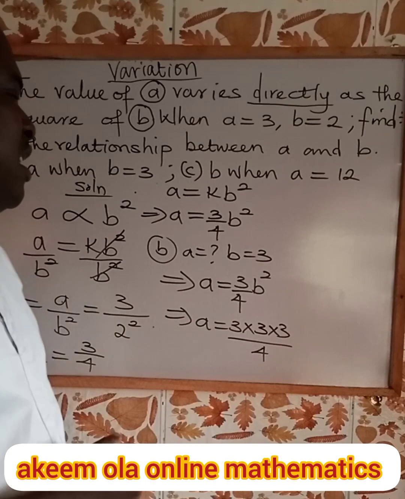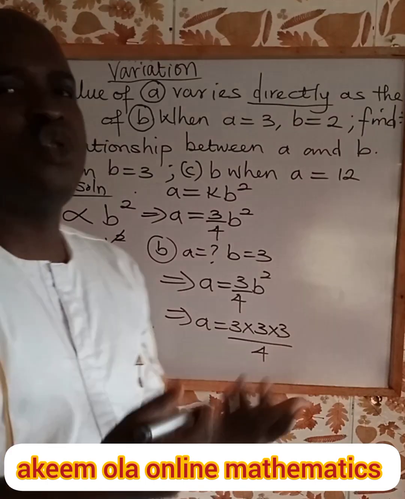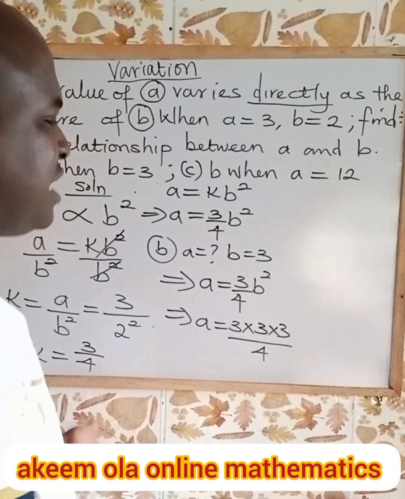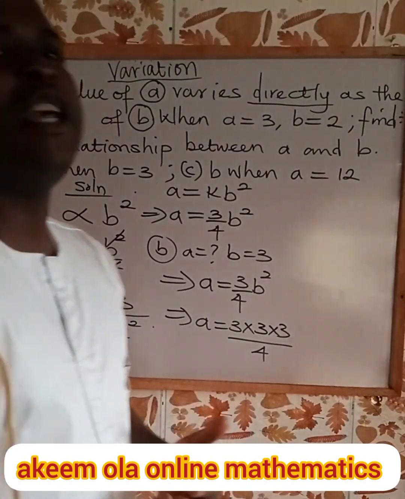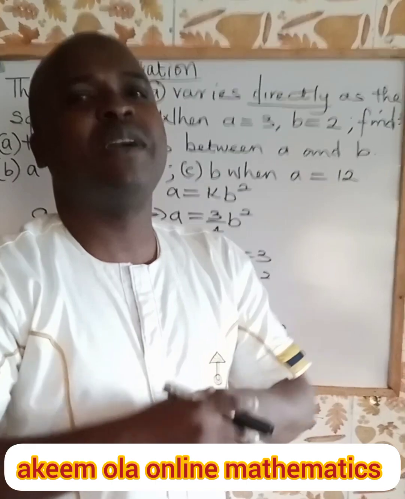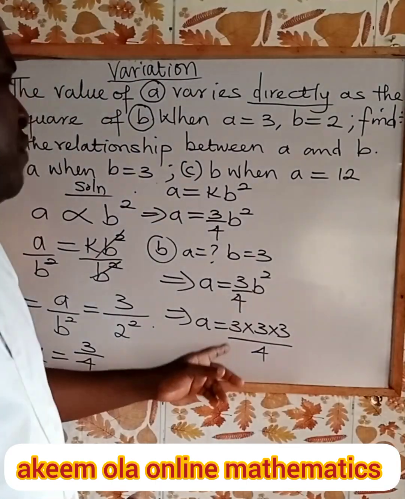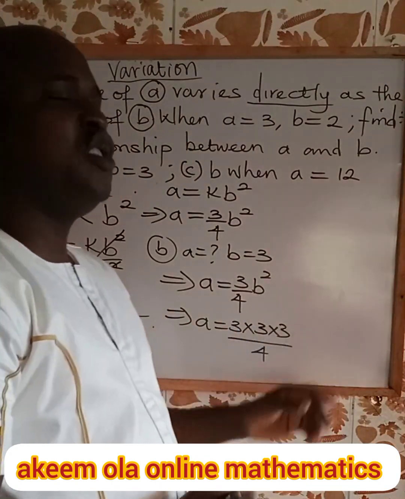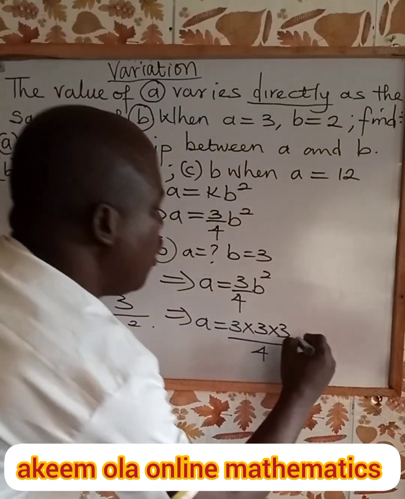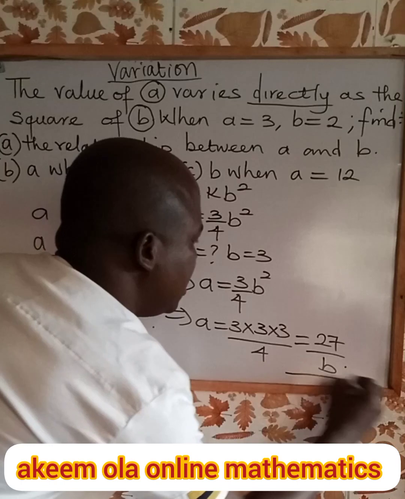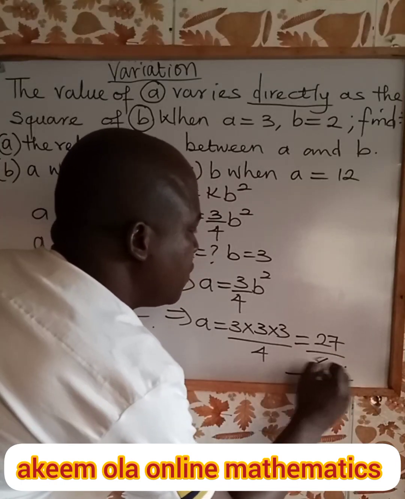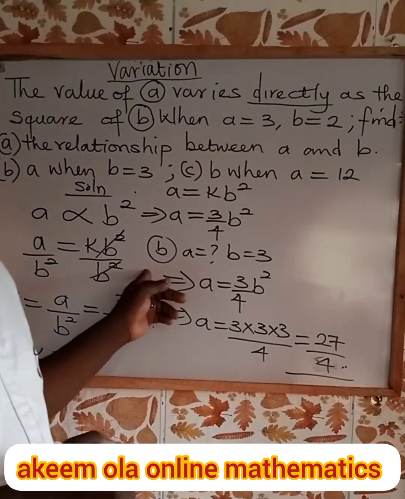Is there anything that can be reduced to the lowest term? No. So we multiply the numerators: 3 times 3 is 9, times 3 is 27. So a is equal to 27 all over 4. That is the b part of the question.